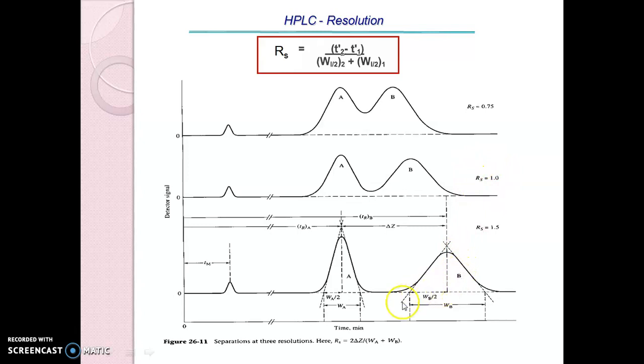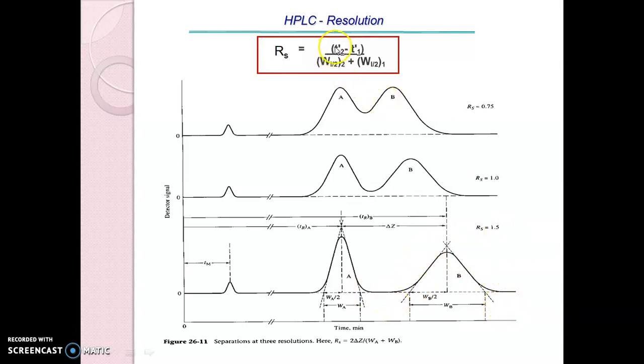But in the third, peak A and peak B are well separated, with a resolution of 1.5. So we require a resolution of 1.5 or a little more to consider that our peaks are well separated. If we have a resolution of 1, our peaks are not well resolved, but with a resolution factor of 1.5, both peaks are well separated.